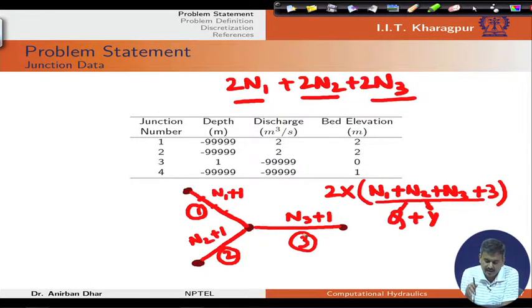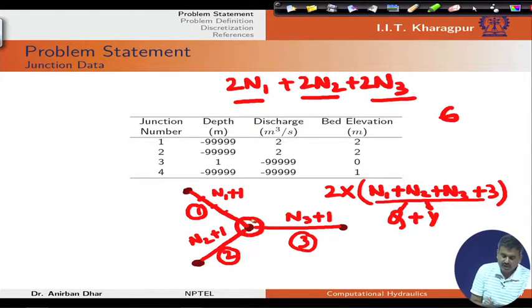So, still we need 6 conditions. Out of that, for this internal junction we will get junction continuity.